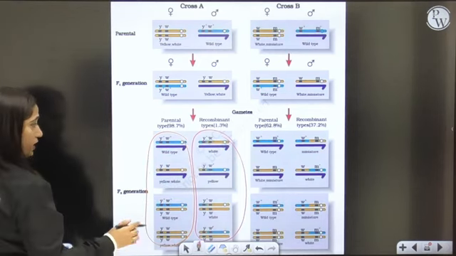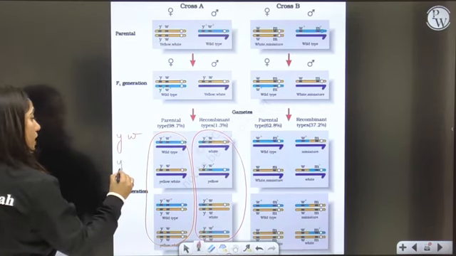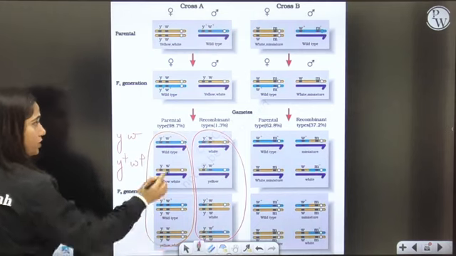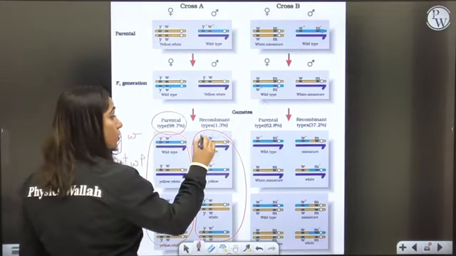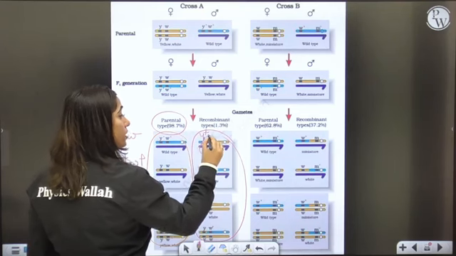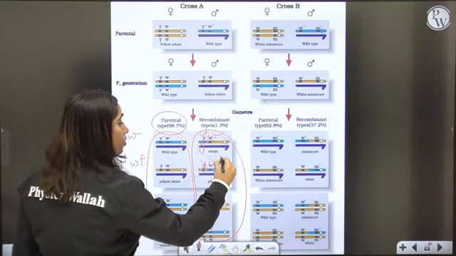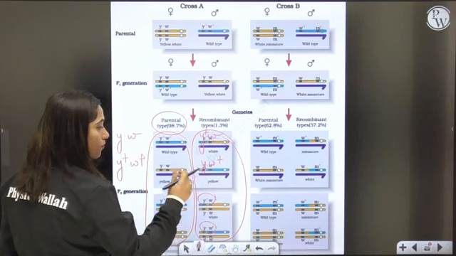In all the combinations where Y is present with W and Y+ is present with W+, those combinations would be the parental combination. But those combinations where Y+ is with W and Y is with W+, these are the recombinant combinations.